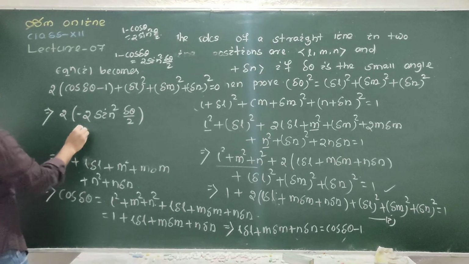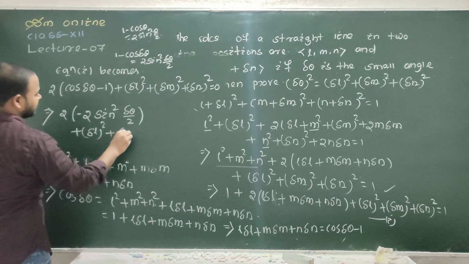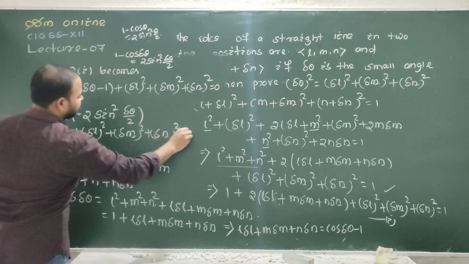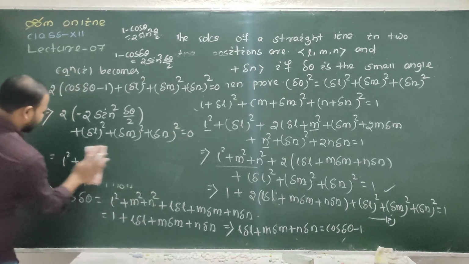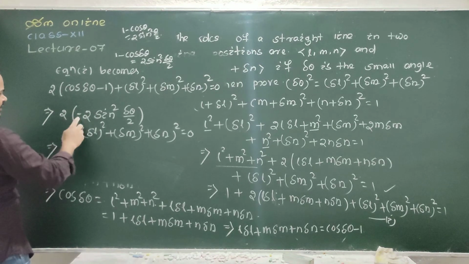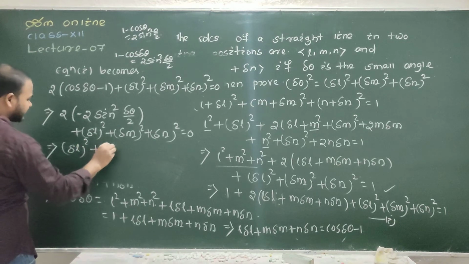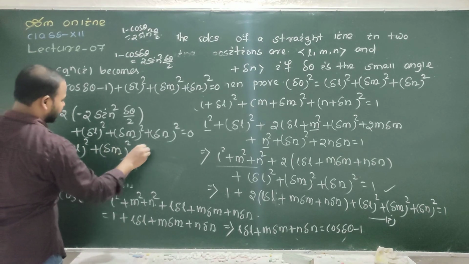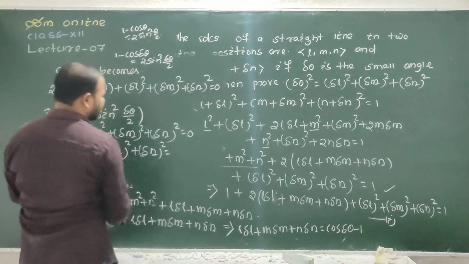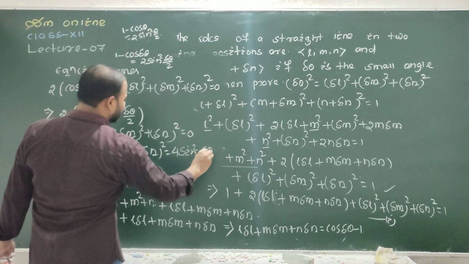Okay, and this is plus del L square plus del M square plus del N square equal to 0. Okay, then this is minus 4 sin square del theta by 2. If we take this to the right side, this is del L square plus del M square plus del N square equal to 4 sin square del theta by 2.